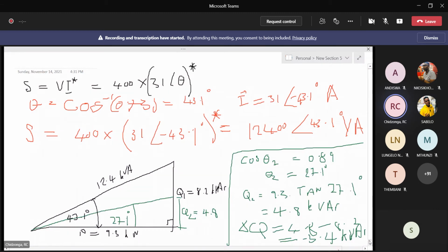Now remember that the reactive power is being reduced from 8.2 to 4.8. That reduction can only be possible if you use a capacitor. The capacitor is the one that is going to give you negative reactive power, right?